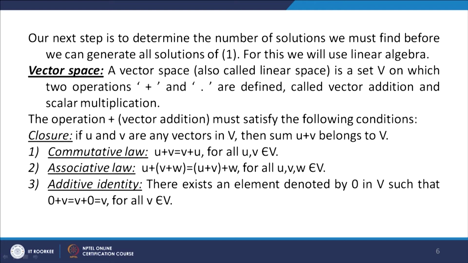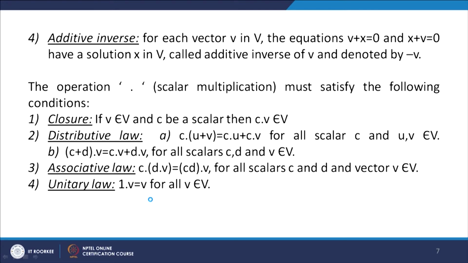If u and v are any two vectors in V, then their sum u plus v must be an element of V. Then commutative law, u plus v is equal to v plus u for all u, v belonging to V. Associative law, (u plus v) plus w is equal to u plus (v plus w) for all u, v, w belonging to V. Additive identity, there exists an element denoted by 0 in V such that 0 plus v is equal to v plus 0 equal to v for all v belonging to V. Additive inverse, for each vector v in V, the equations v plus x equal to 0 and x plus v equal to 0 have a solution x in V, which is called the additive inverse of v, and we denote it by minus v.